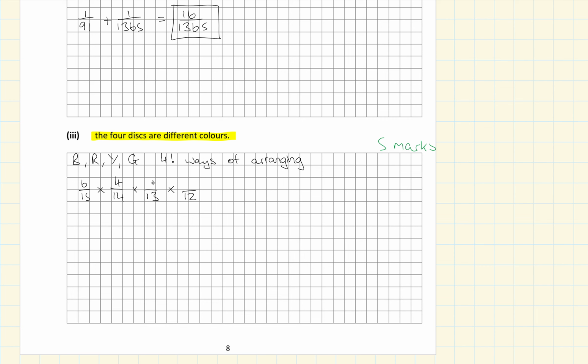For yellow I have 3 yellows, and then I have 2 greens. So into our calculator, 6 over 15 by 4 over 14 by 3 over 13 by 2 over 12 will give me 2 over 455.